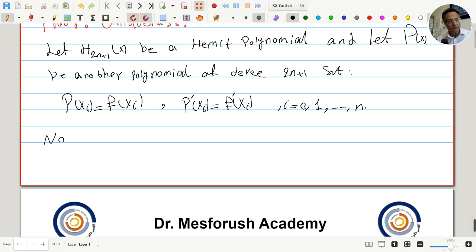Now set e(x), the difference between H_{2n+1}(x) and p(x).